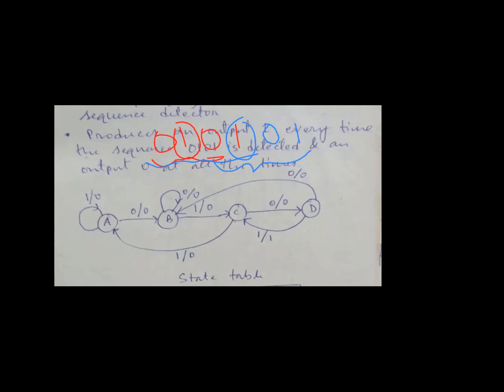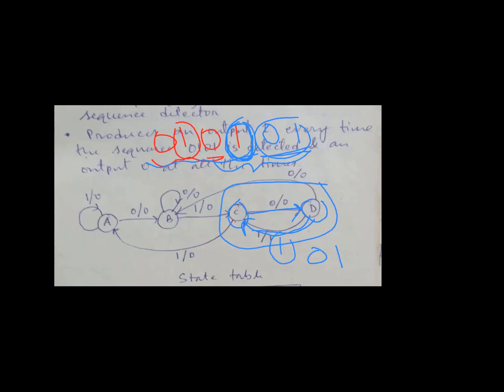That's why when input is 1 and we are over D, we go back to C, because from C again we get a 0 and 1, and this 0, 1 creates the loop which we need for 0, 1, 0, 1. And since the sequence is achieved, the output should be 1 when you're going back from D to C.